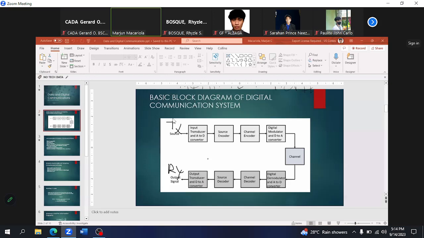Okay? So examples of transducers are microphone, loudspeaker, antenna, ano pa? Thermometer. Okay? So those are just some of the examples of transducers.